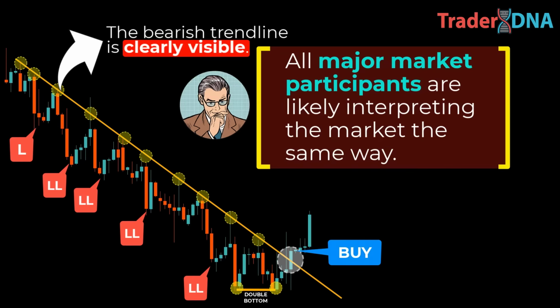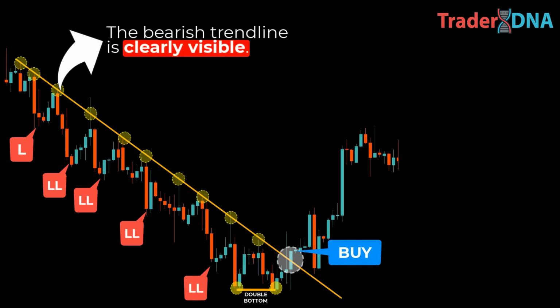So when you see a clean trend line, followed by a double rejection pattern, and then a breakout, that's your cue. That's when the market is telling you it's ready to shift direction. And when you act at the right time, this setup can deliver high probability entries with a solid potential for profit.